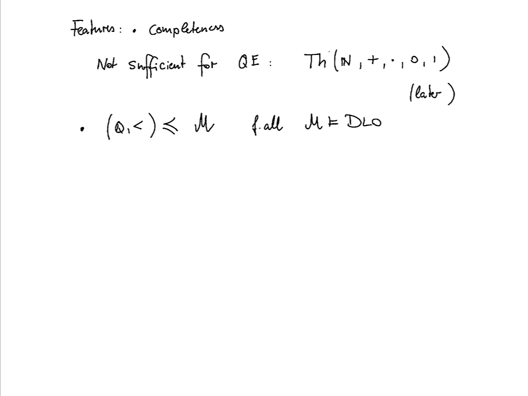Another property of Q, which of course implies the completeness, that we could take a little bit as a guiding principle here, is that Q elementary embeds into all models of DLO.